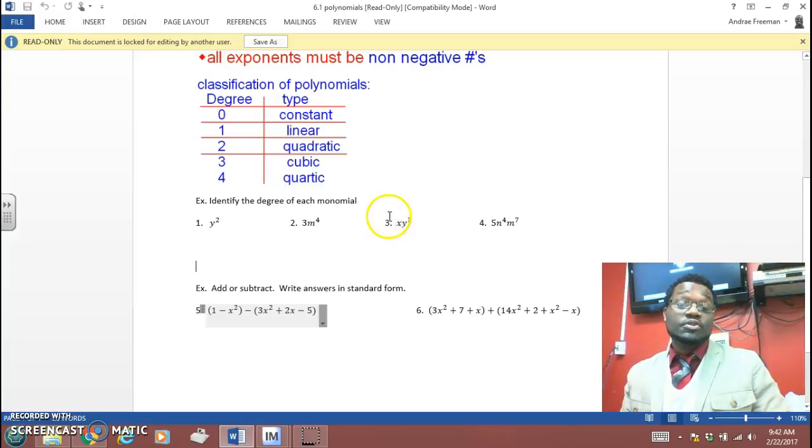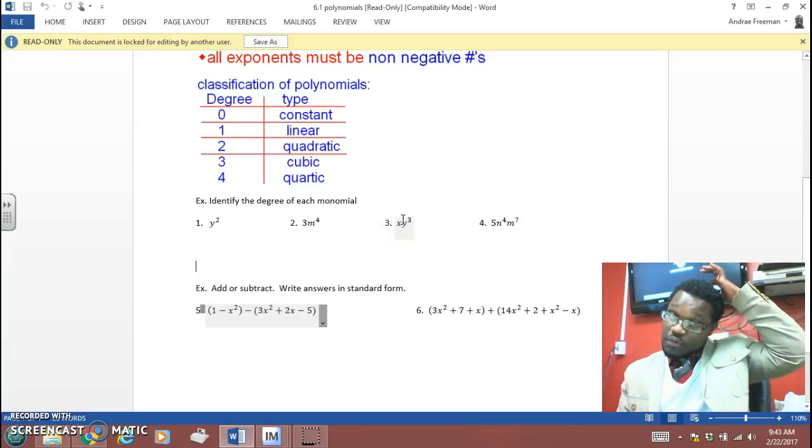Now, number 3 is a little tricky. What is the degree of this monomial? Technically, it's 4. This one's a little different, so you might want to write this down: if you have different variables being multiplied, the degree is when you add them together. So the x has 1 and the y has 3. When I say add them, I'm talking about the exponents.